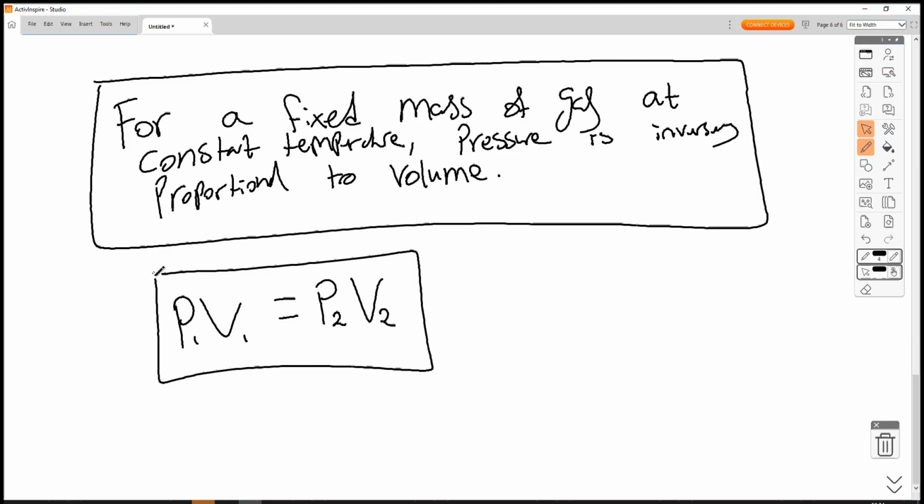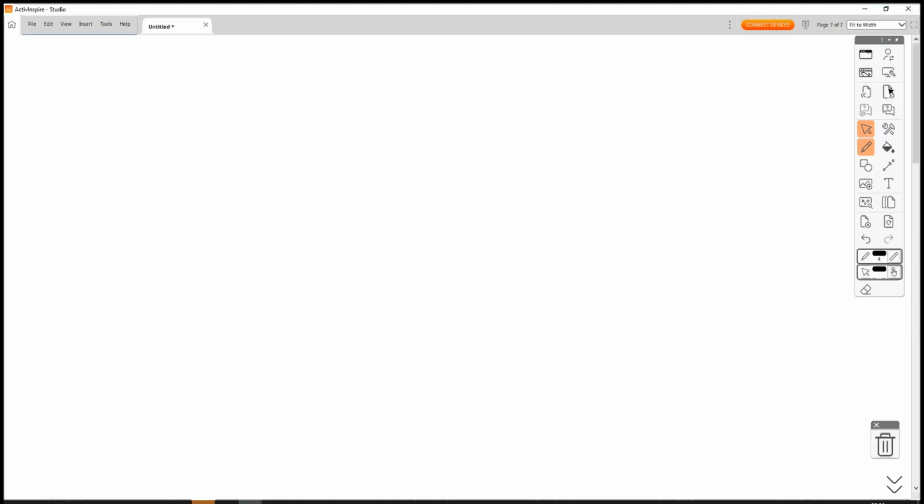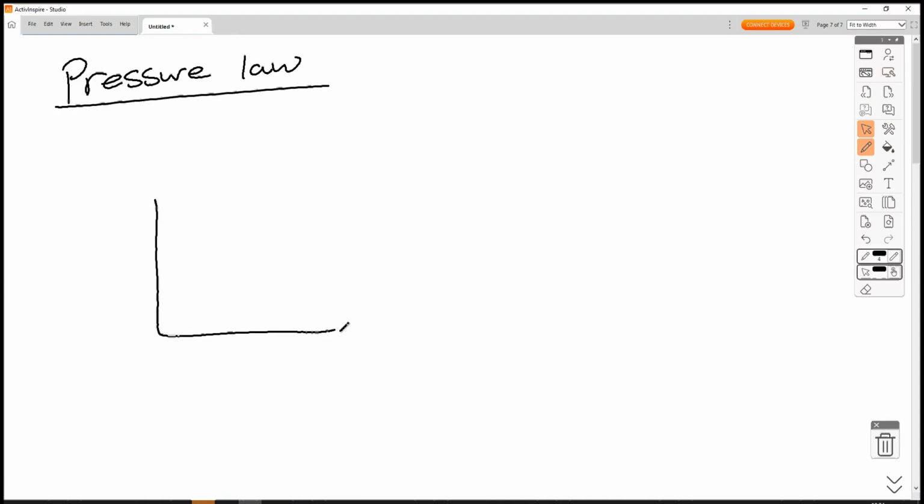Okay, let's move on. So start a new page. Next, we're looking at the pressure law. So for this one, we have a round bottom flask with some gas inside it within a water bath.